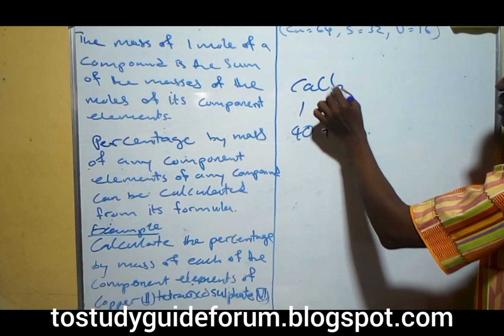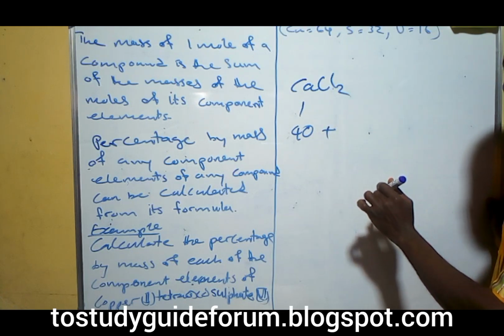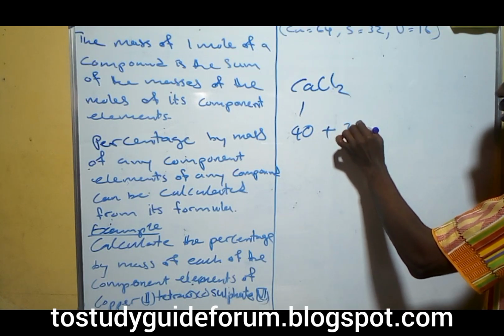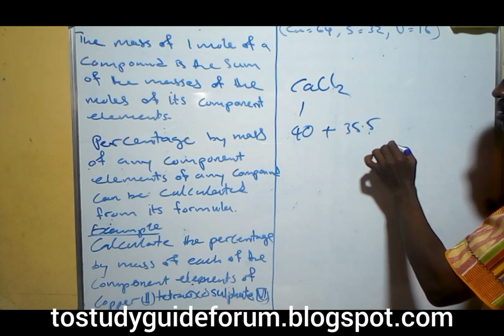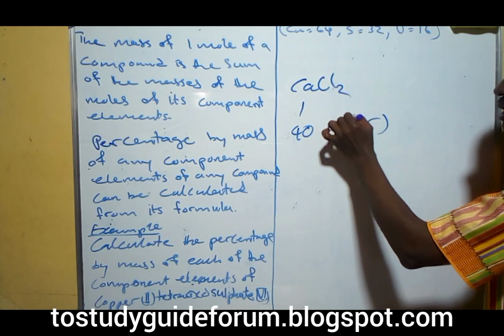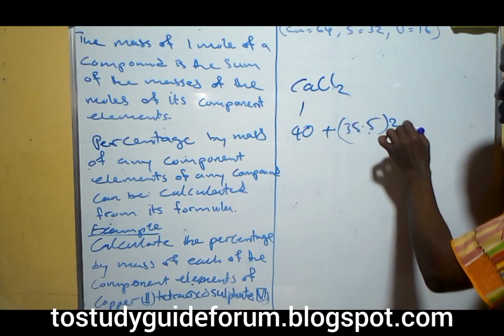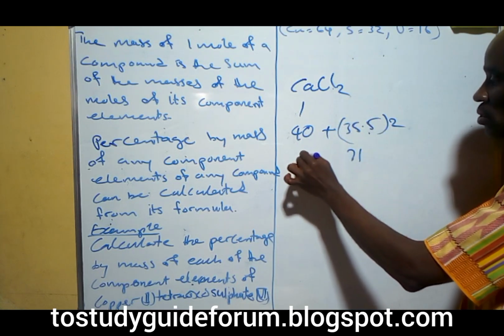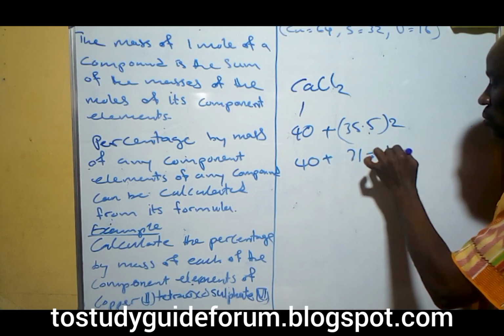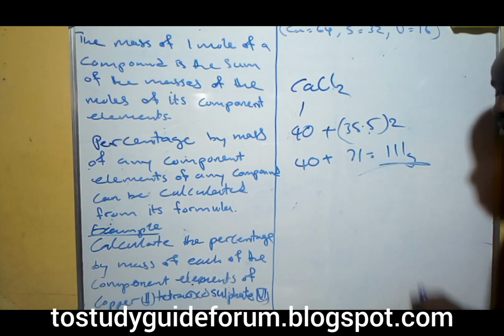In this chlorine, we have 35.5, and then we have 2 chlorines. So when we multiply this, we have 71, and this other 40 will give us what? 111 grams. That is the mass.